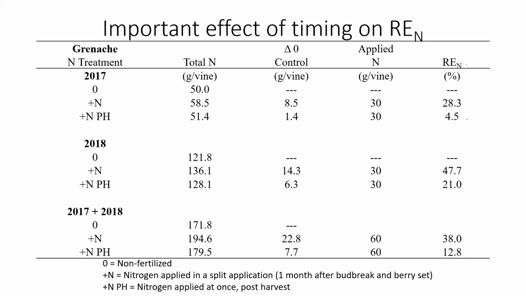And you can see that, okay, plus N is a split application in the spring. Plus N post-harvest is nitrogen at the end of the season. And look at recovery efficiency. It's very low for nitrogen applied at the end of the season, post-harvest. It's much higher when it's applied in the spring.